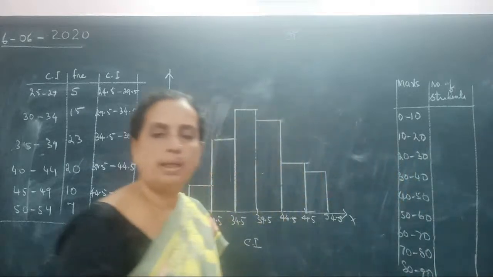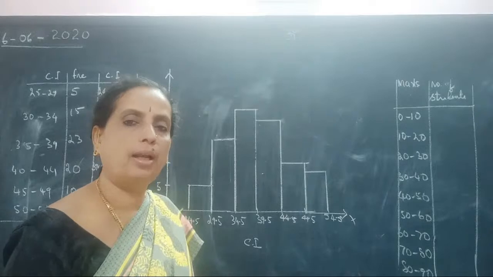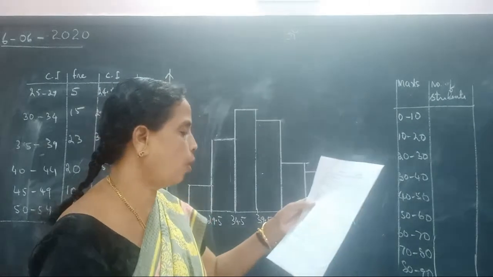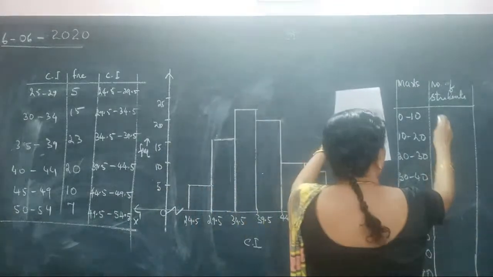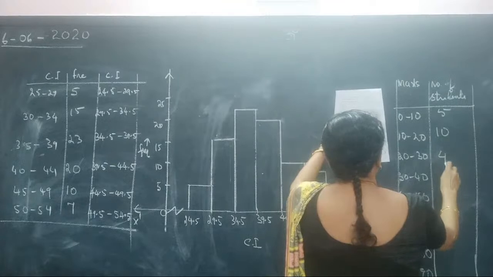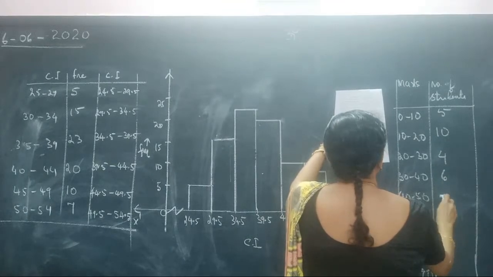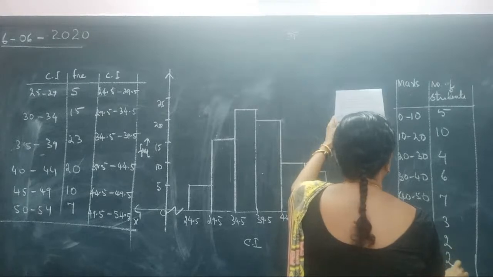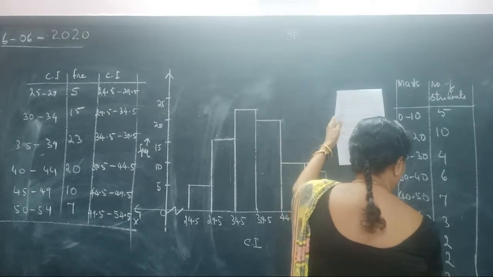Then the corresponding frequency, I'll read out: 5, 10, 4, 6, 7, 3, 2, 2, 3, 9.